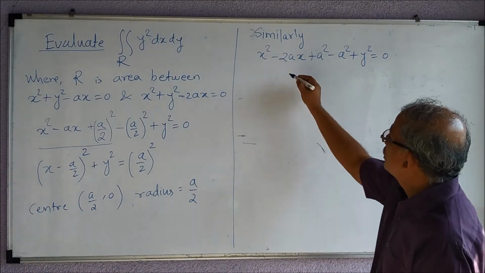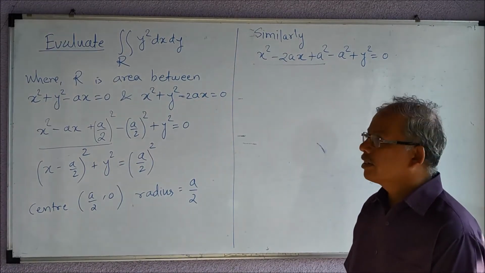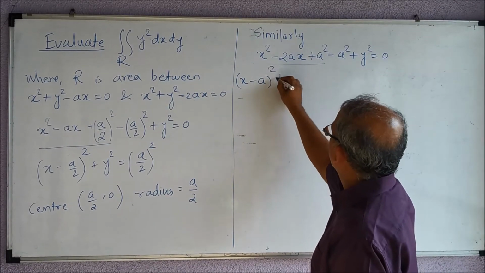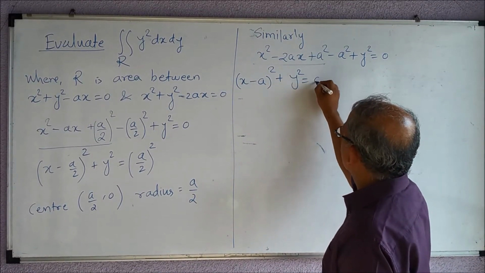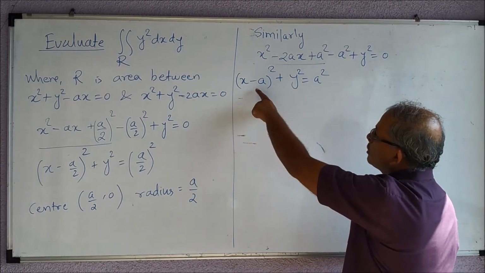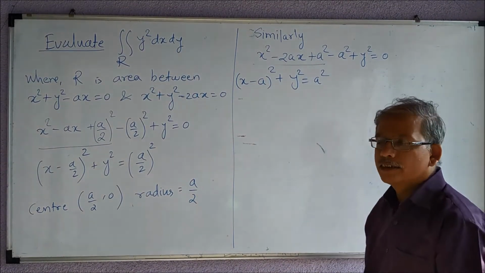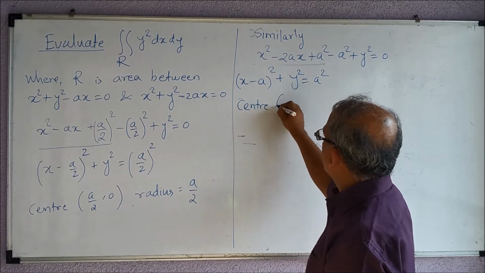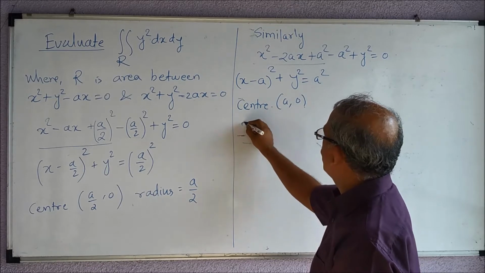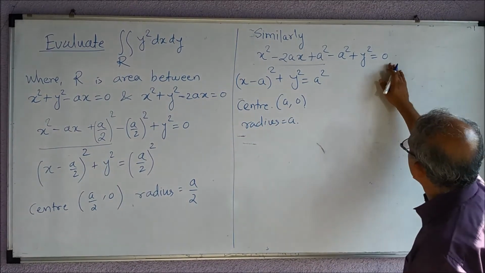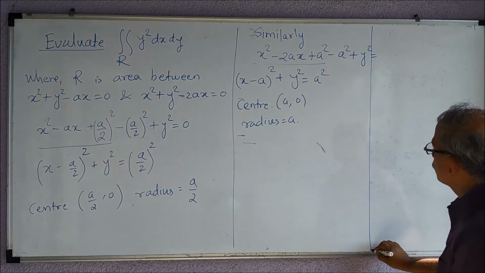Now this part is a complete square, so (x minus a) bracket square plus y square is equal to a square. So you see easily, this is a circle again, centered at (a, 0) and radius equal to a. Fine. So now we can draw these figures.